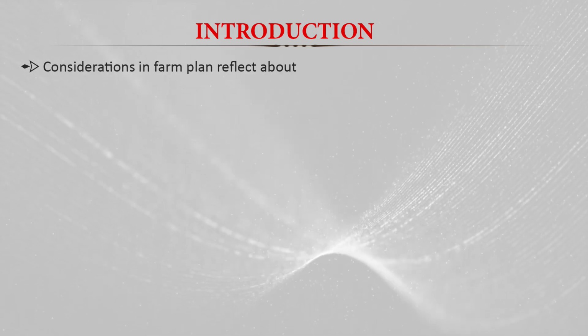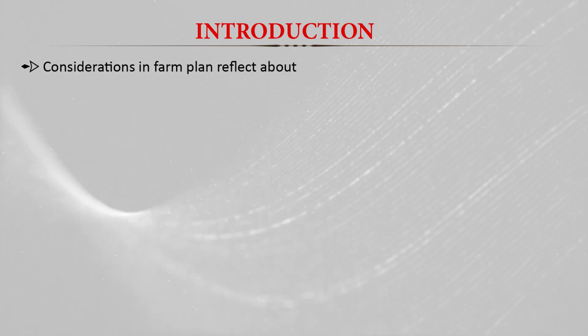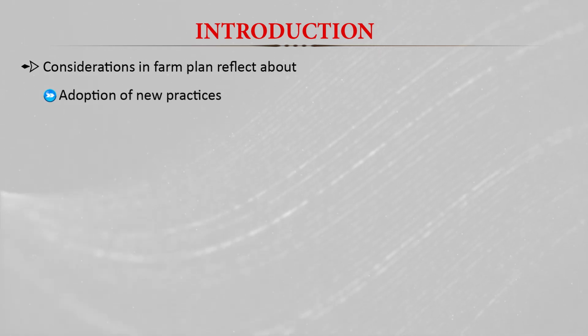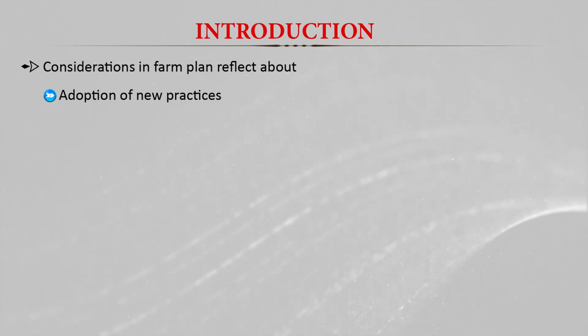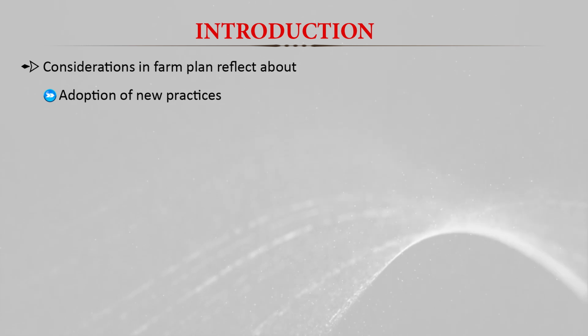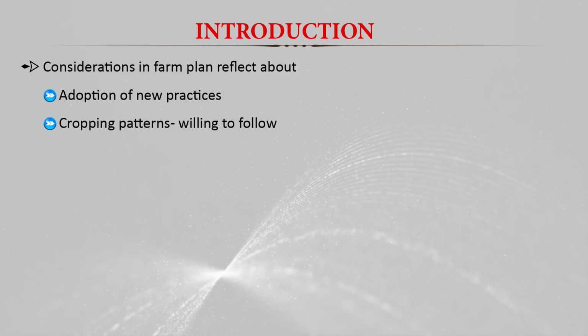When we discuss the farm plan, it includes various things, and we consider many factors. In the farm plan we talk about the adoption of new practices: what new things we are going to introduce in the farm, and the cropping patterns we are willing to follow.